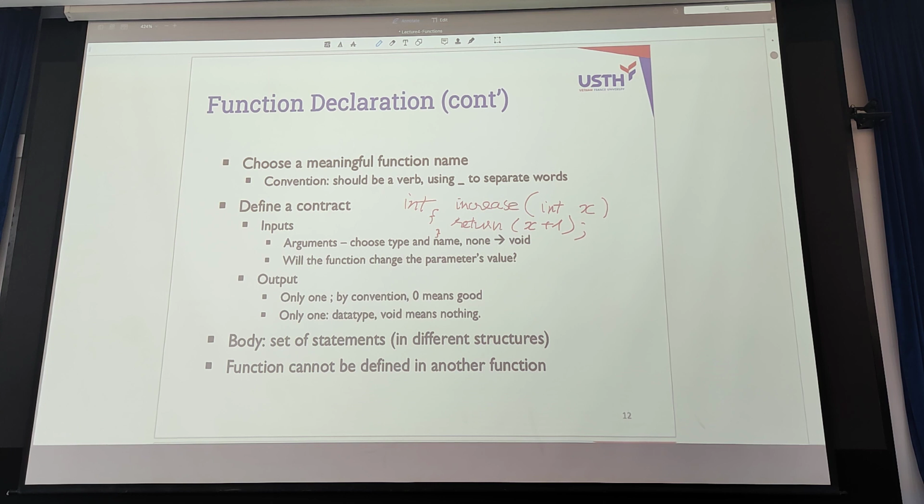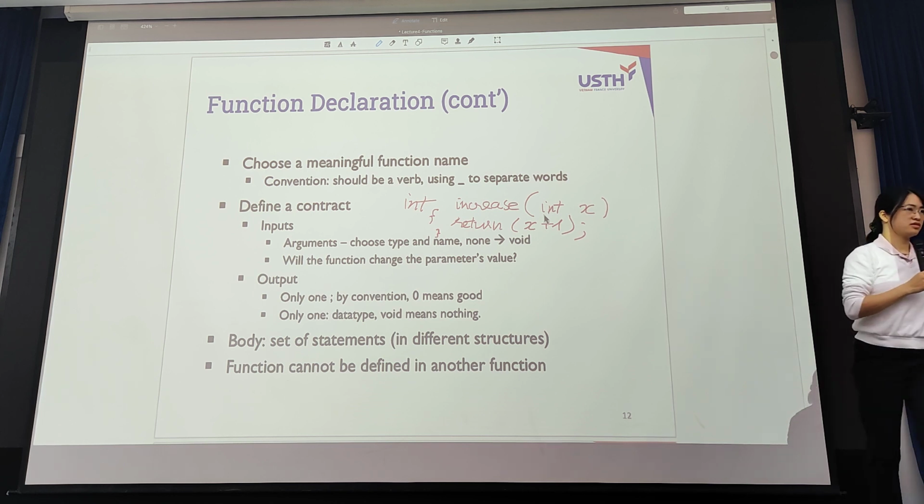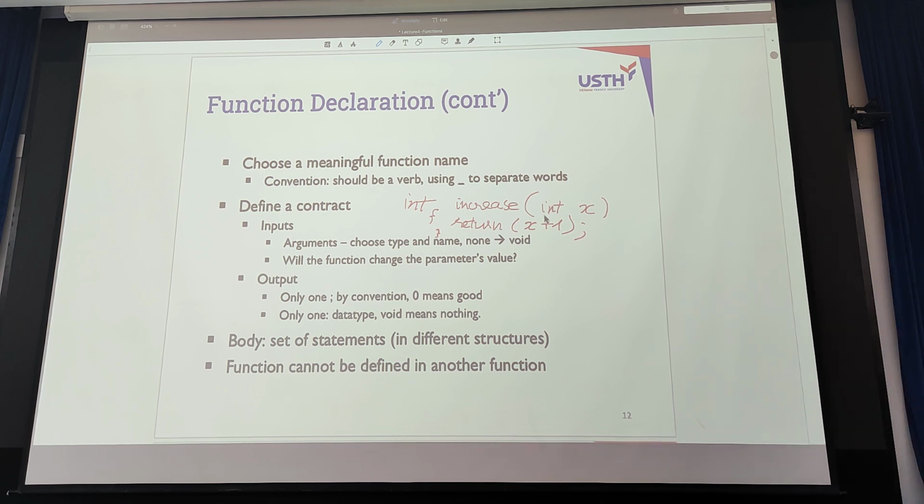Okay. Please, can you see it? This is the function that I defined. Can you see from here? Over here, the right text. Okay. Could you please tell me what is the return data type of this function? What is the function name?